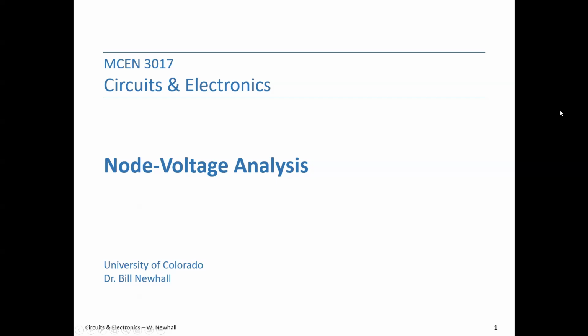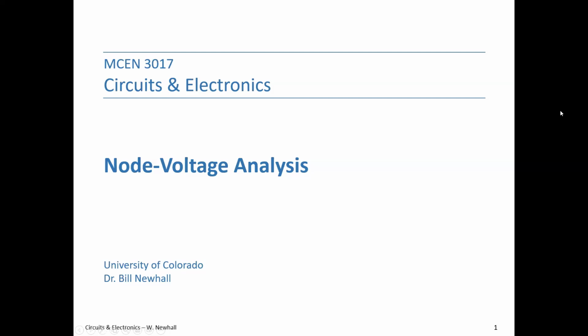Node voltage analysis is an approach to solving certain circuits that have resistances and often voltage sources or some current sources, voltage sources and current sources, in a way that's methodical.